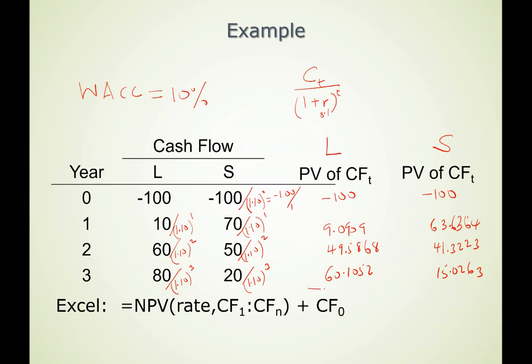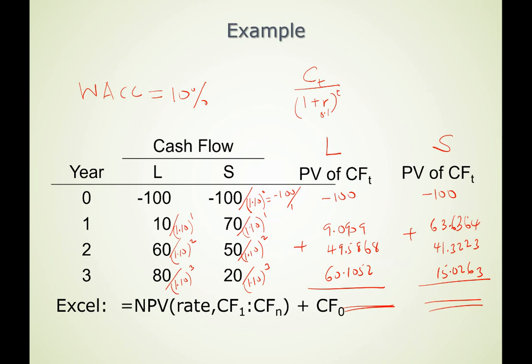So again, the net present value is the sum of all the present values. What you do is you just sum all the present values. For example, if you sum everything together, this will take you to minus 100 plus 9.0909 plus 49.58 and so on.